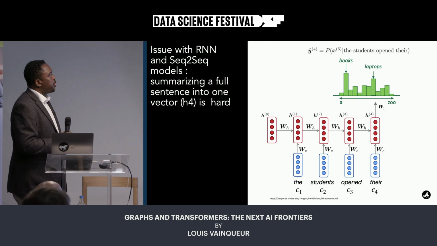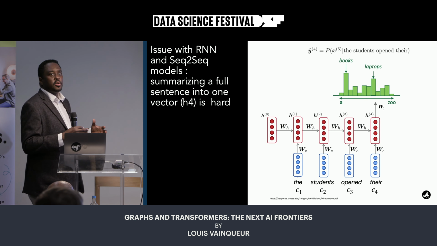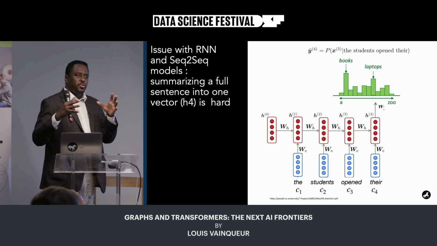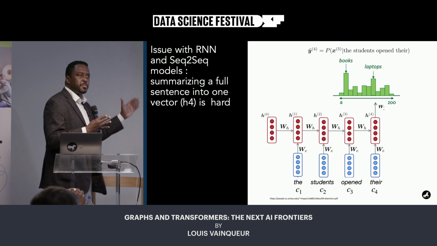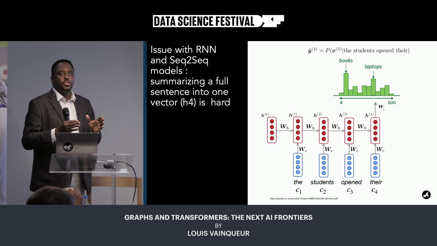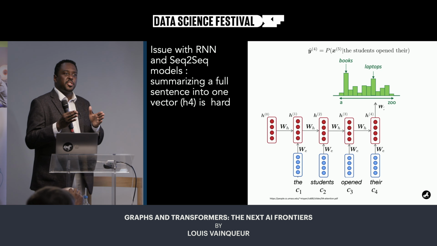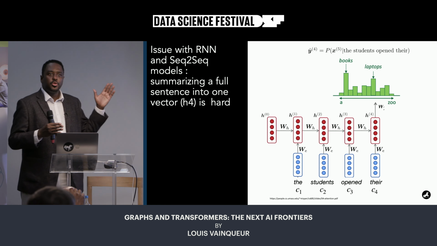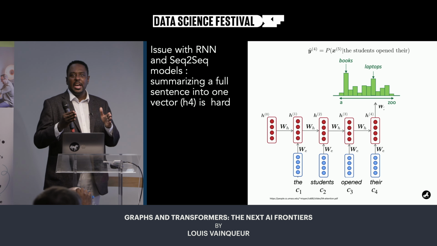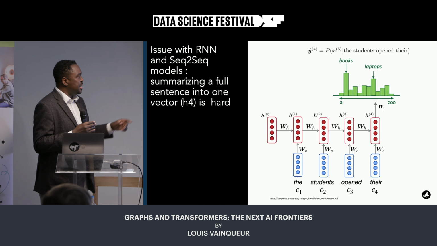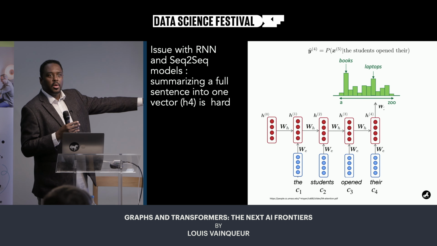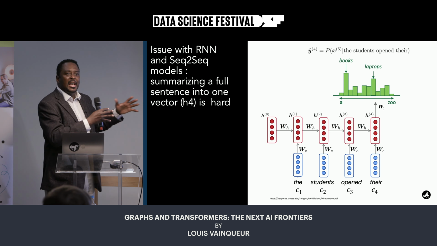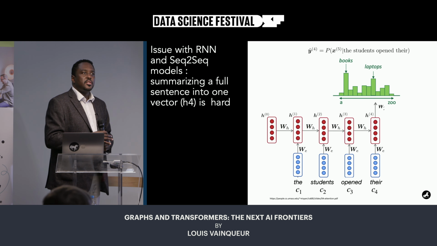The problem with those seq-to-seq models in particular was that they were trying to capture all the information from the sentence, from the beginning to that point, into a lower dimension and just one vector. That was one problem of traditional models before. They only had access to the last vector, meaning the vector here in H4 was the only vector you actually had access to try to predict the next word.